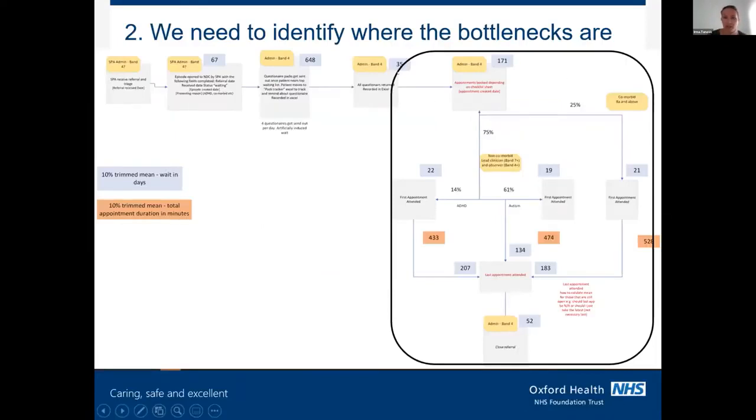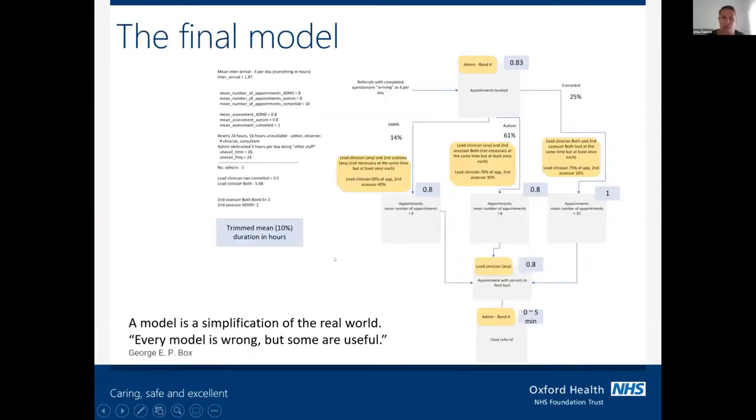By focusing down the line, we are looking at this pathway, and this is what we designed in the model. Going back to the model, we are looking at referrals with completed questionnaires arriving at 4 per day. That's the entry point of the model. Then appointments get booked, and we can see who is booking them.